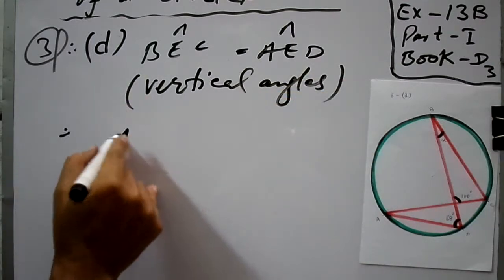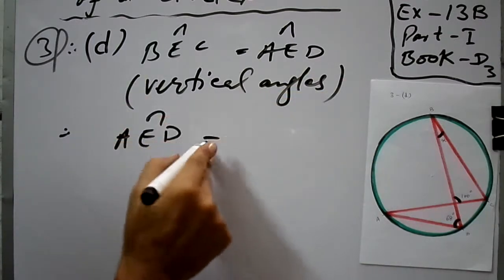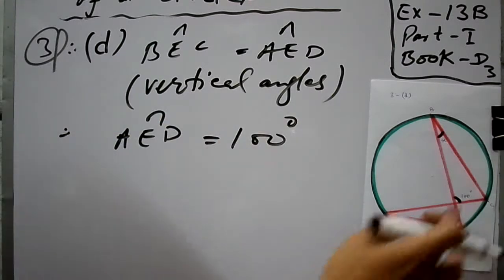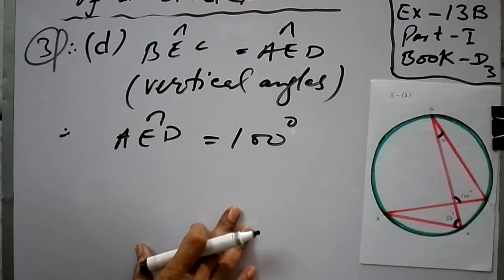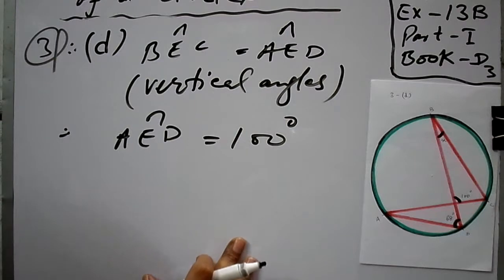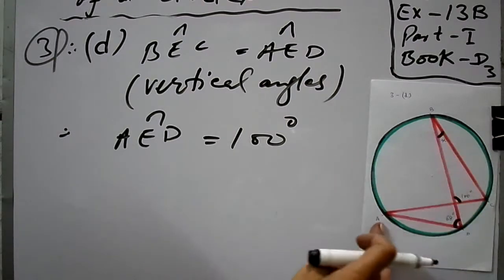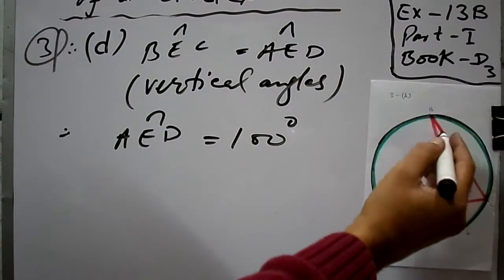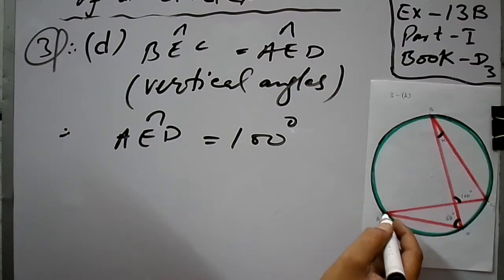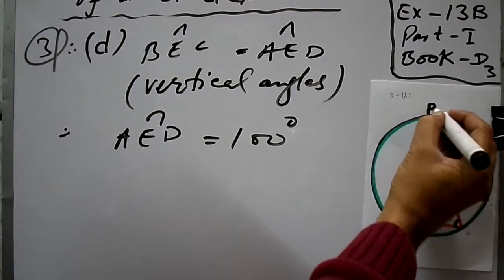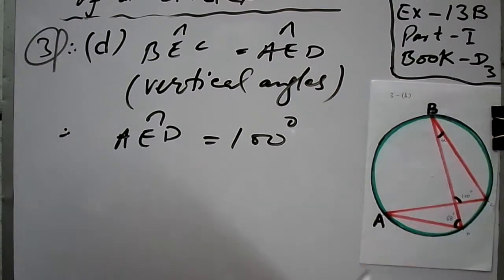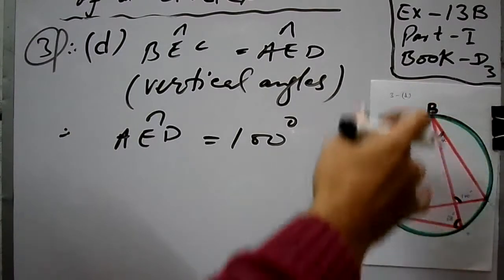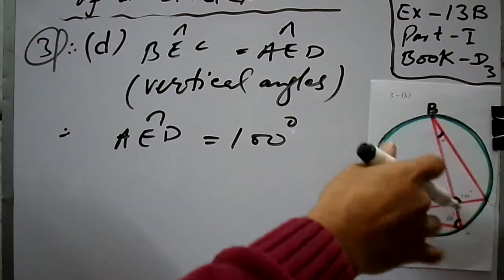Therefore, you can say that AED must be equal to 100 degrees, which is given to us. You can see here angle B and angle A. These angles are known as circumference angles and must be equal.